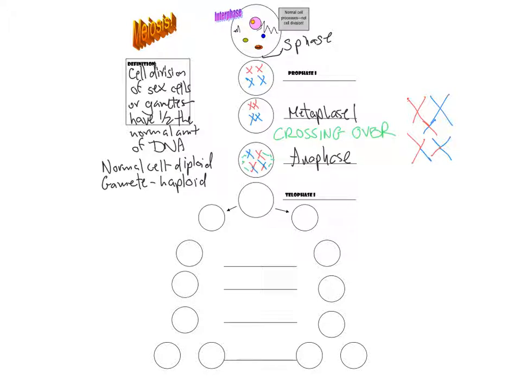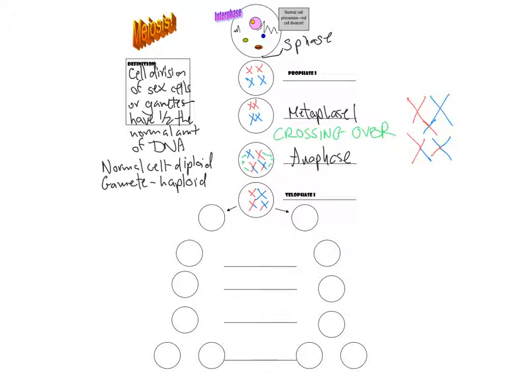And then we get to telophase 1, and there's still little X's. They aren't parentheses. Okay, and you have your red one and your blue one, and then your crossed over ones. And so make sure you keep them crossed over.